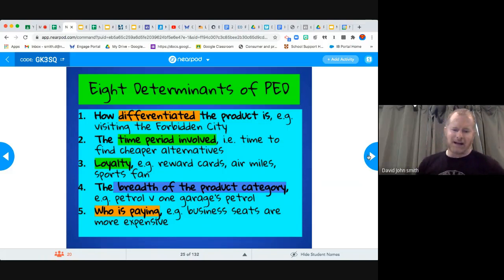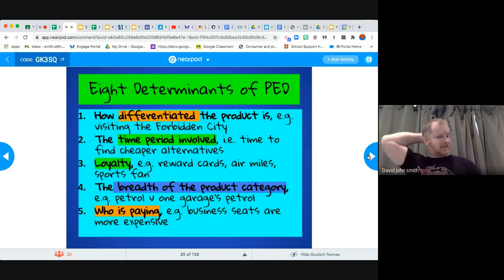The breadth of your product category. How many types of petrol are there in your petrol station? How many different varieties of iPhone are there? Are they going to meet every single customer's needs? Who is actually paying for it? What we find is that products tend to be more inelastic if it's not you who's paying for it.